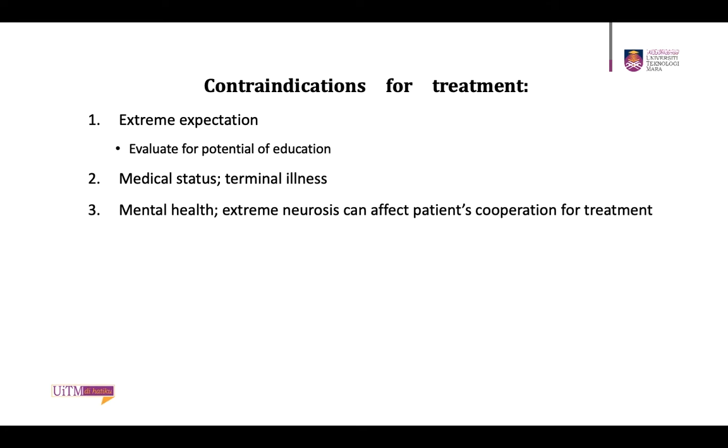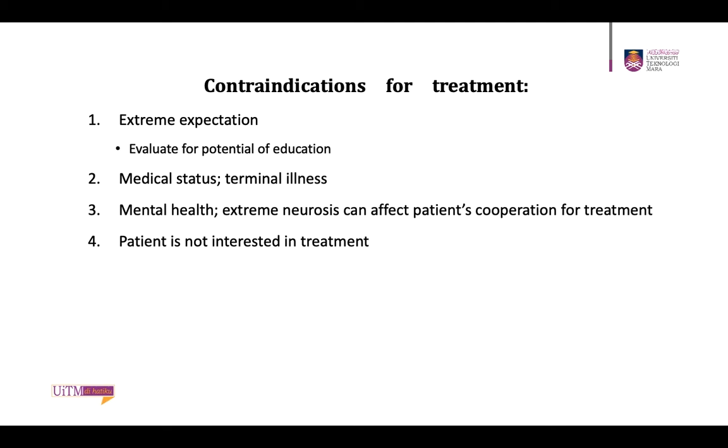And look for patients with mental health issues. Having said that, I'm not saying that all patients with mental health issues cannot be under our treatment, but you have to look for patients who cannot give cooperation. Number 4 is when the patient is not interested. This is also a contraindication.